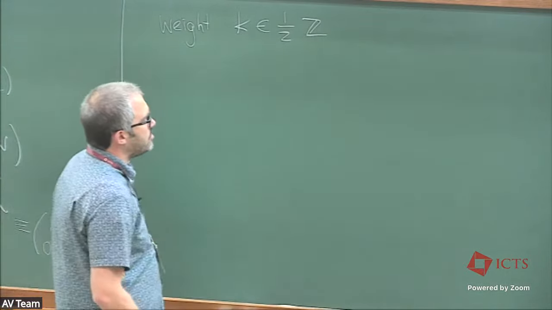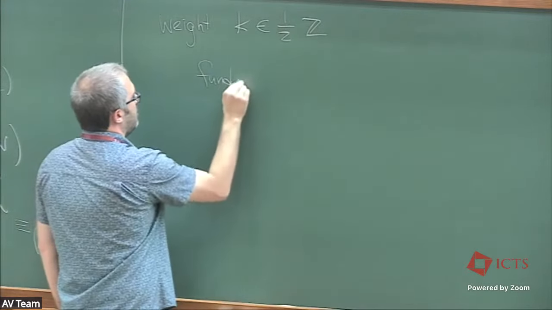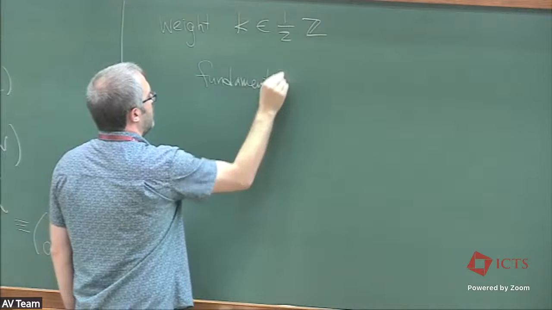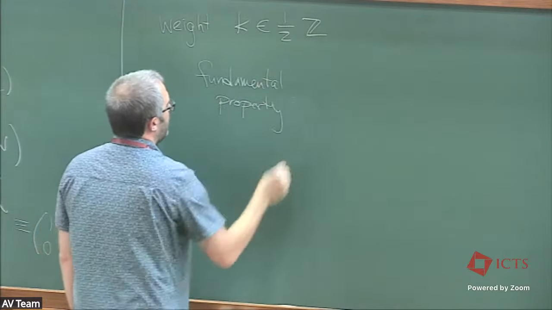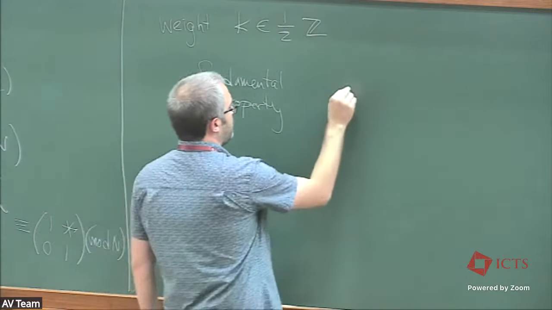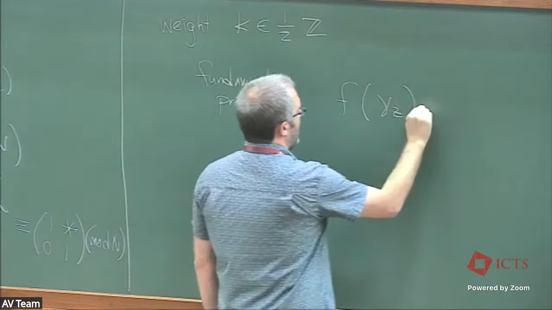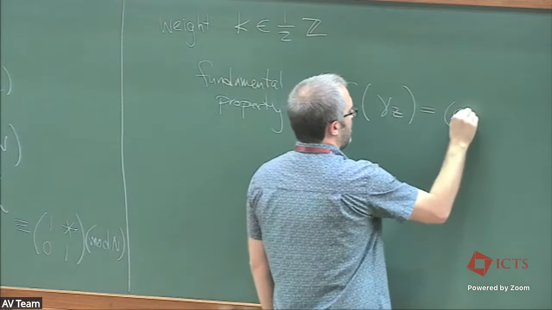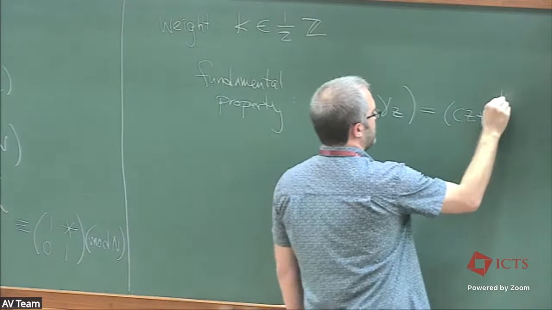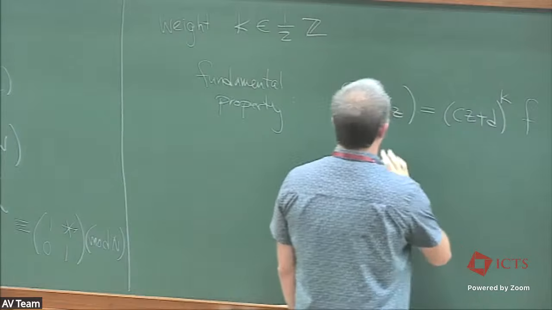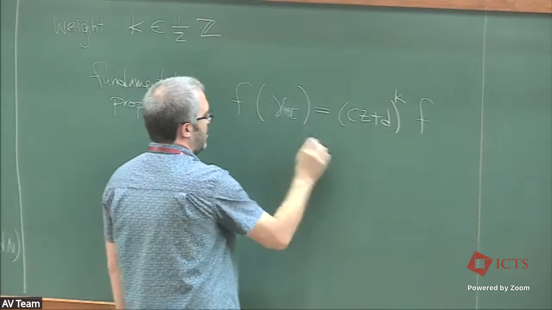So the fundamental property that we've already seen is that the modular form should transform according to the elements of this group. So you should get something like f of gamma tau equals (c tau plus d) to the k times f of tau. I said I was going to use tau instead of z, and that's going to really throw me off, but I'm going to try.